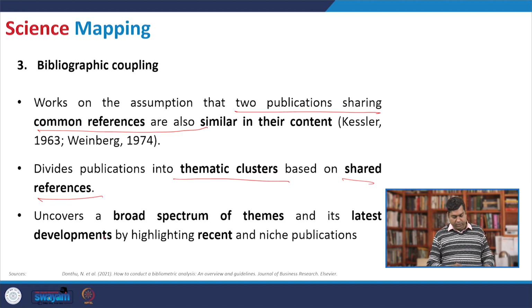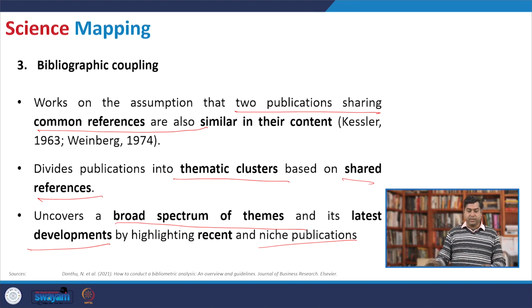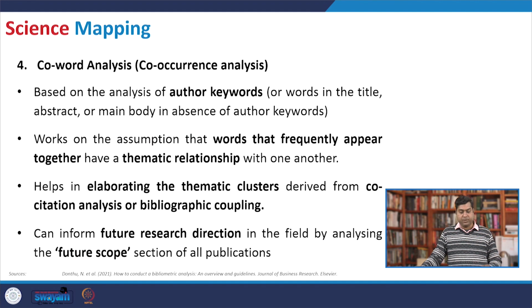It also uncovers the broad spectrum of themes and the latest developments by highlighting recent and niche publications. That particular development in the type of research, through these publications, is where bibliographic coupling can help you.